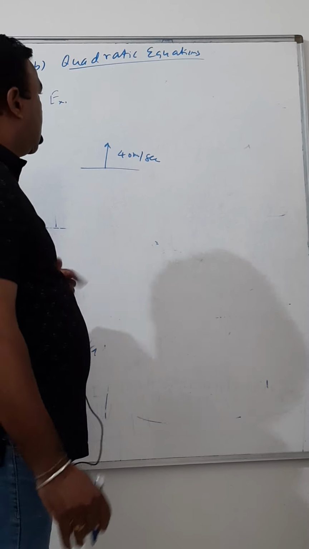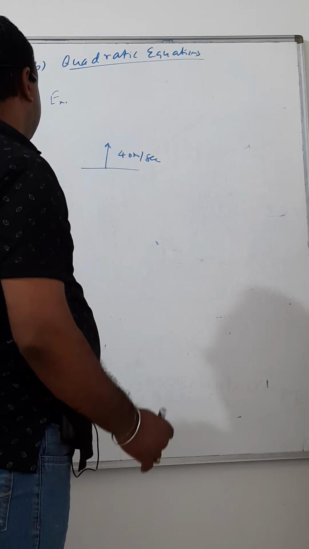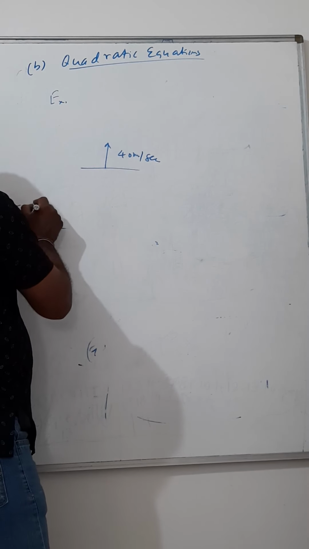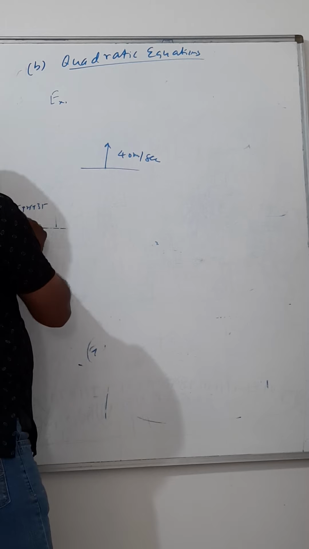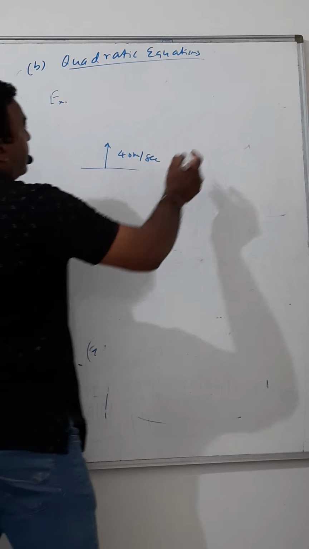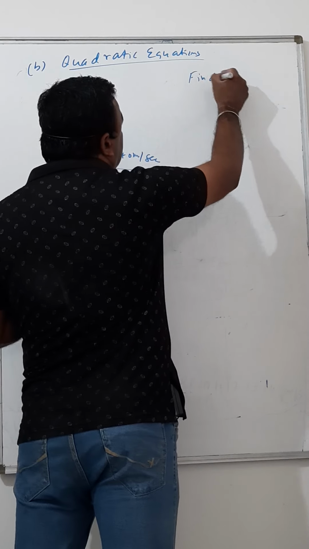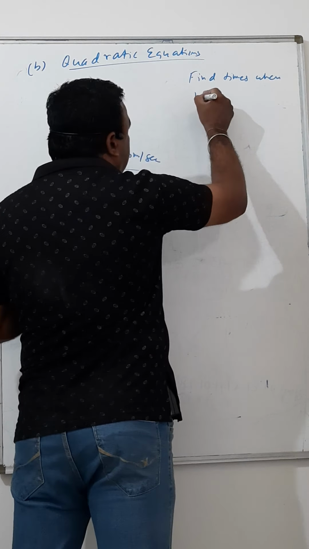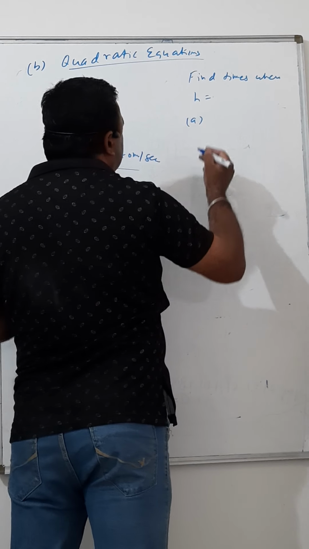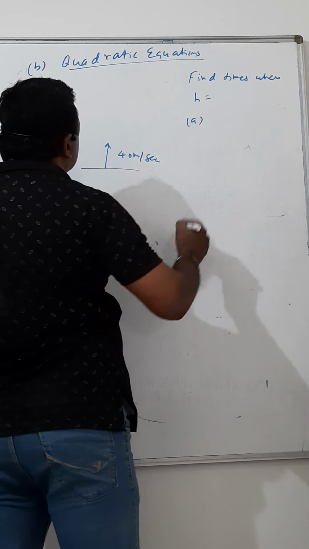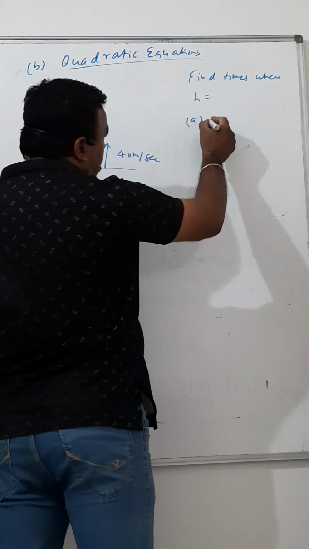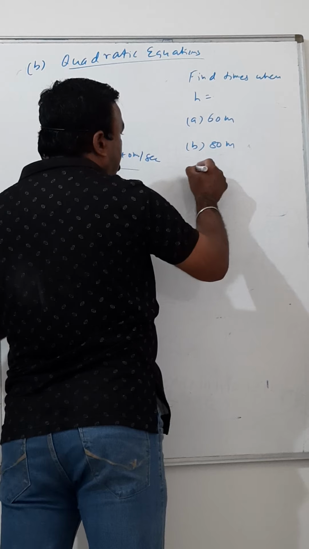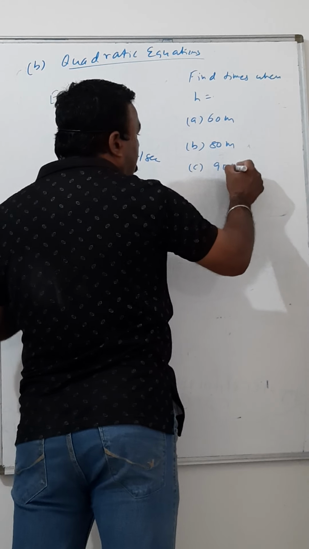Find the times when h is equal to a, 60 meters, b, 80 meters, c, 90 meters.